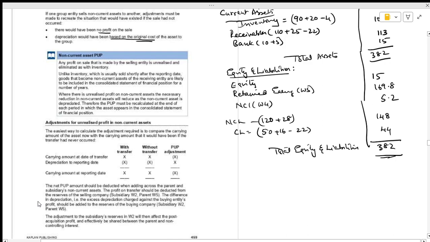Which means we have to take something with respect to it. Just read this one.